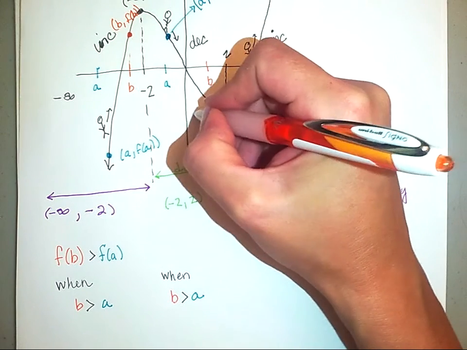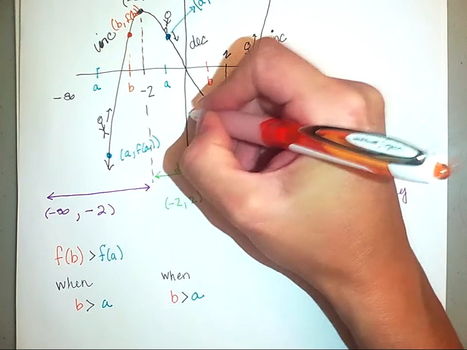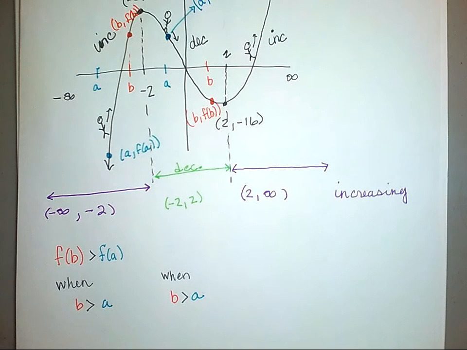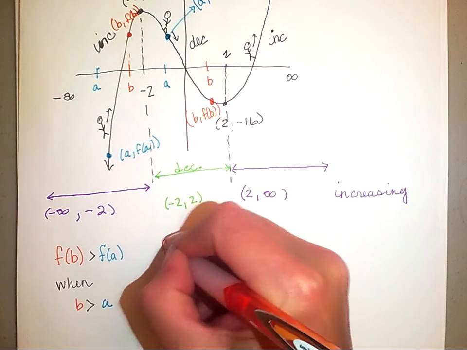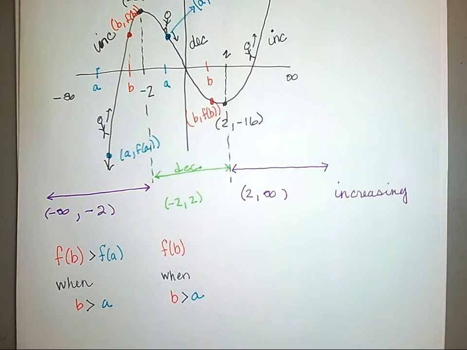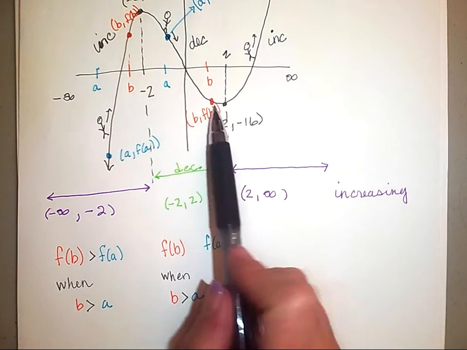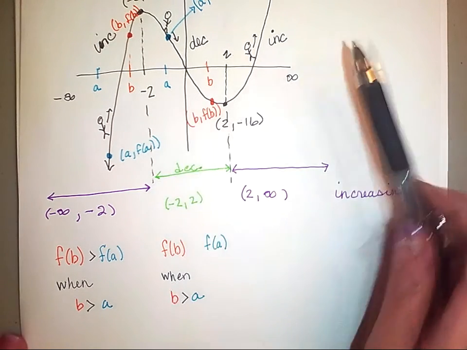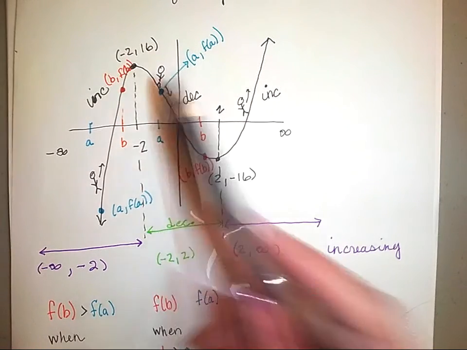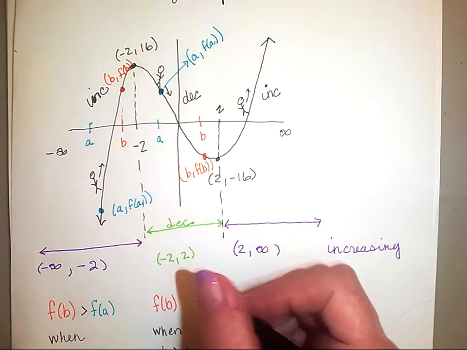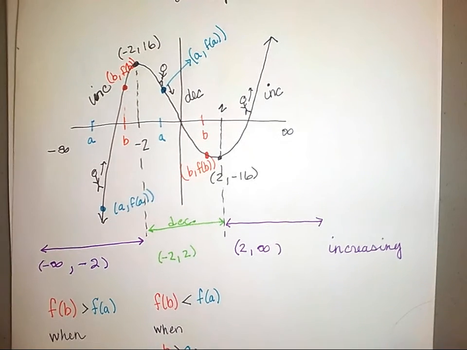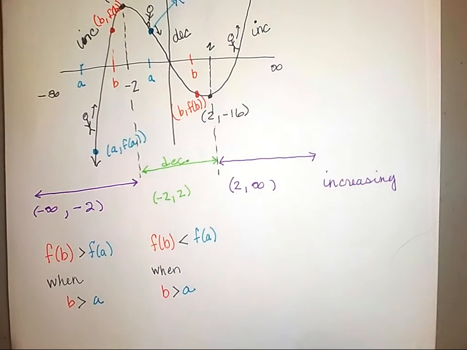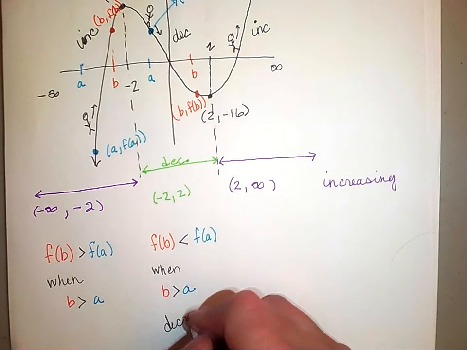So, looks like this point here is A, comma, the function evaluated at A. And down here, this is the point B and the function evaluated at B. So now if we look at f of B and we compare that to f of A, it's no longer true that f of B is greater.